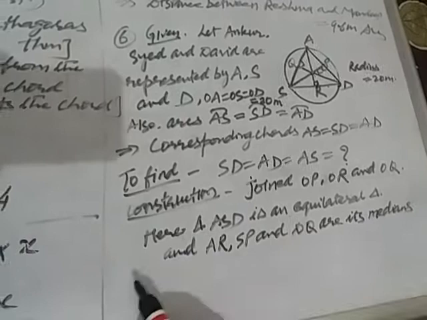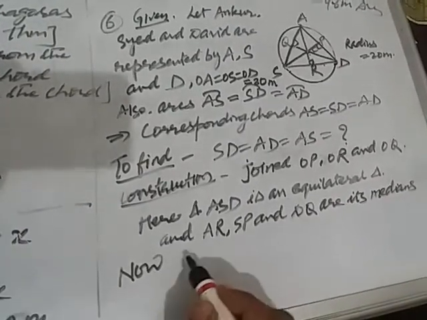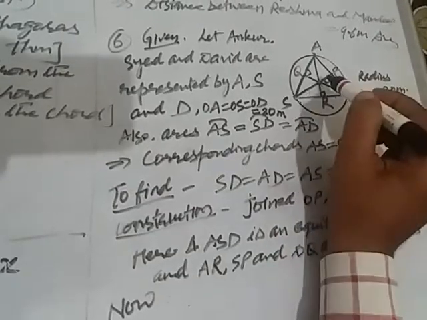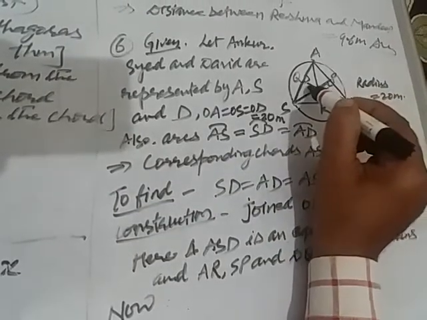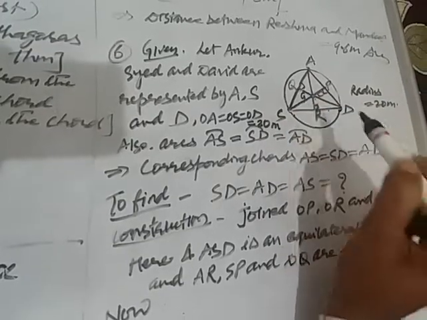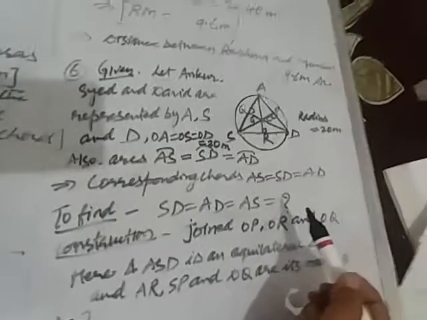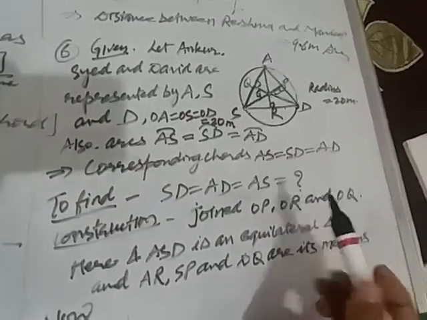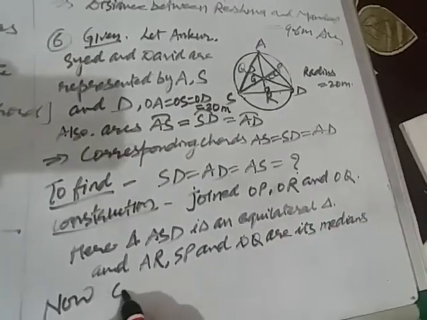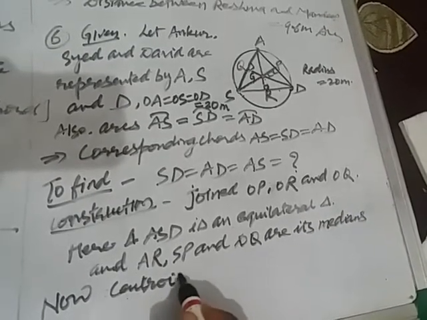Now there is a concept, children, that is the centroid. Let it be this point, this is O already the center, and this point is also the center. Let us give it another name, that is G. Clear children, this is called G, the centroid.